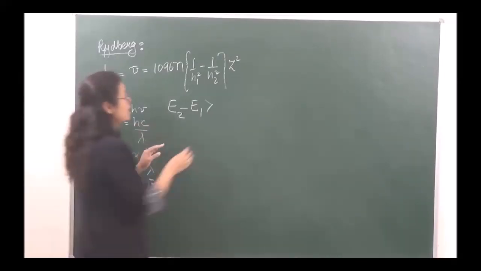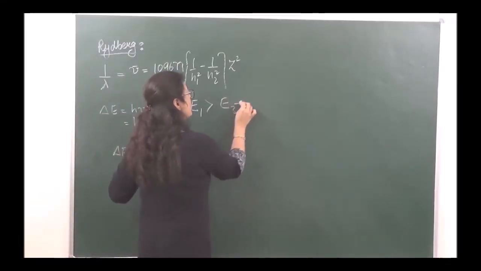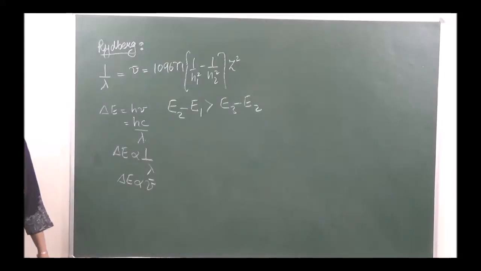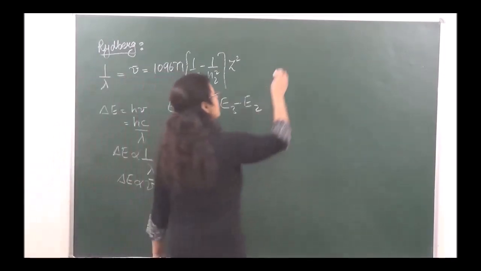Then after that the transition from E3 to E2 and so on. So this is our Rydberg equation that was explained on the basis of Bohr. Have you understood?